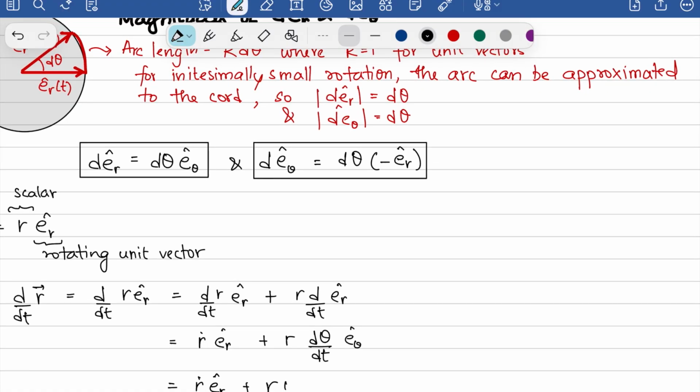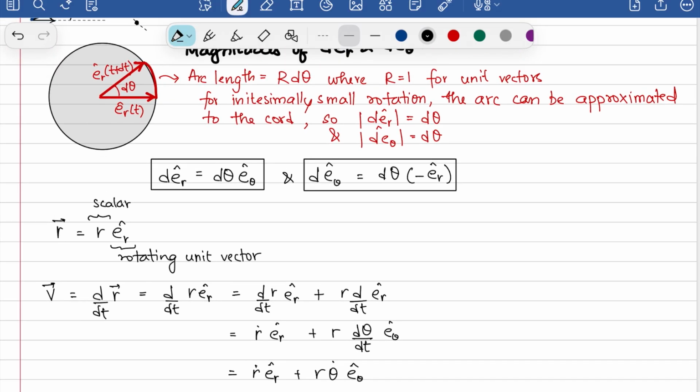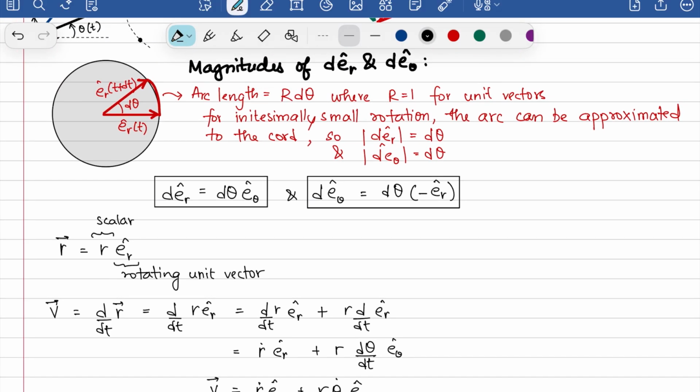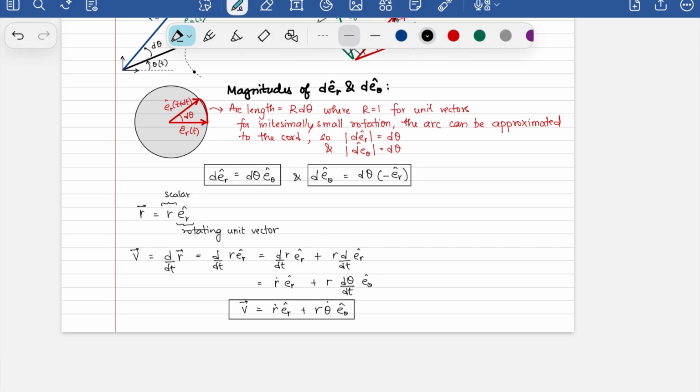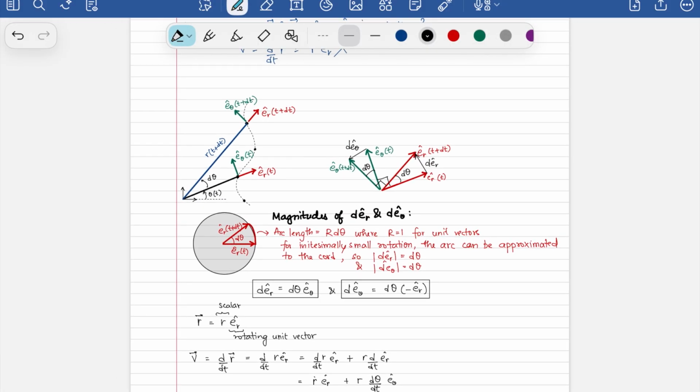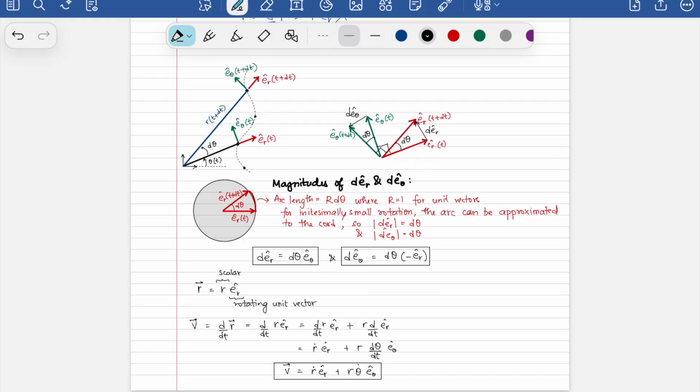So this is r omega e theta hat, or r theta dot e theta hat. This is the velocity of a body that is captured in polar coordinates. Okay, I hope this makes sense.